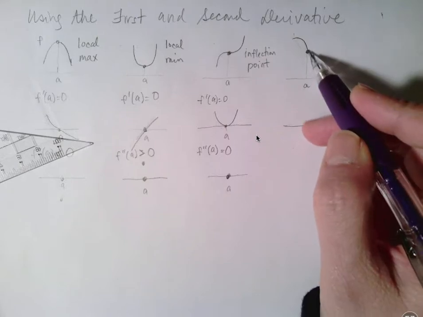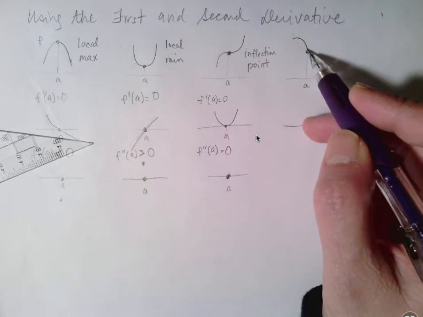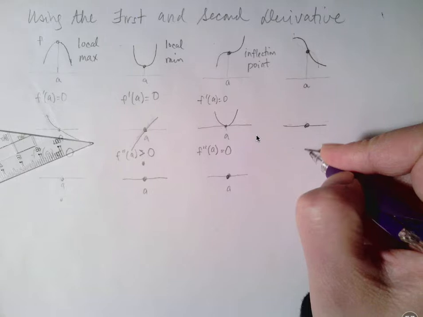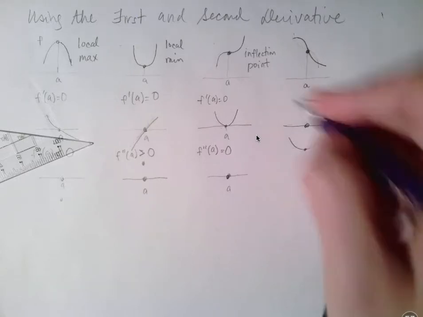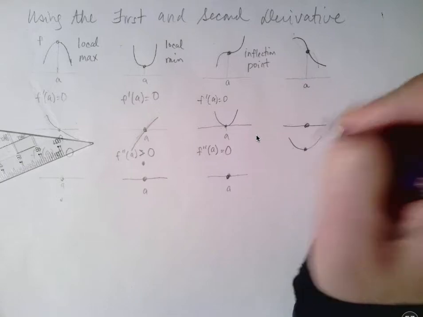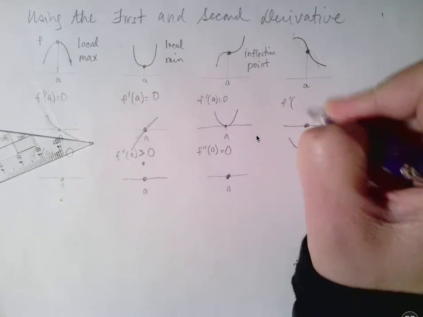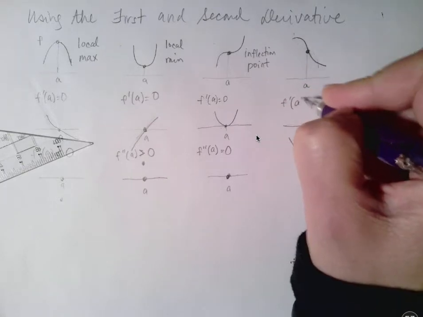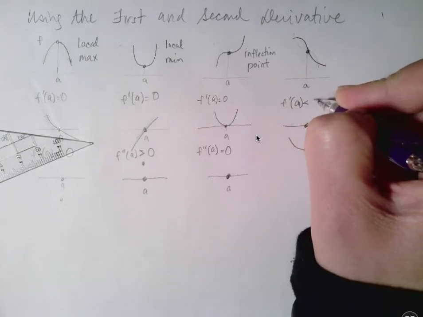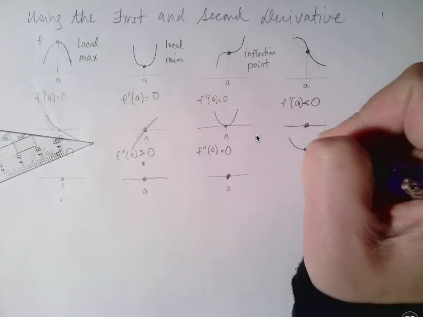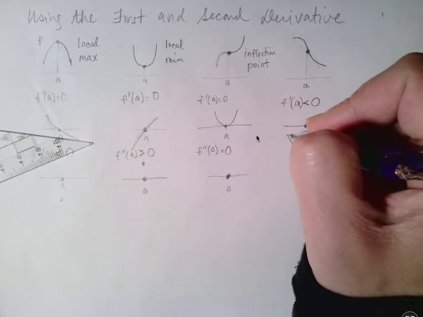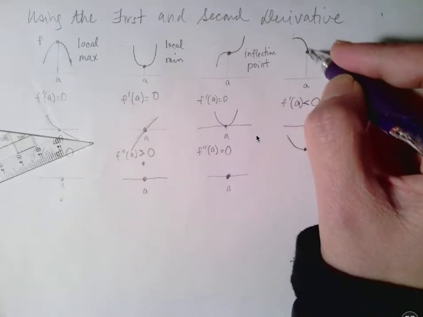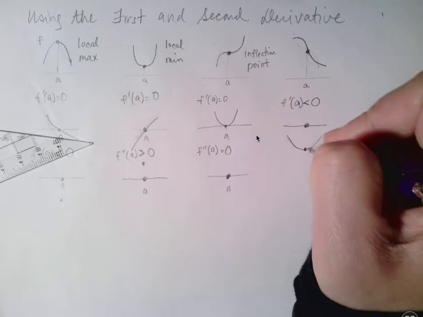In other words, this is the most negative slope. So it's something like that. This is what f prime looks like. So f prime at A is some negative value, but it becomes less negative to more negative, and then less negative again.